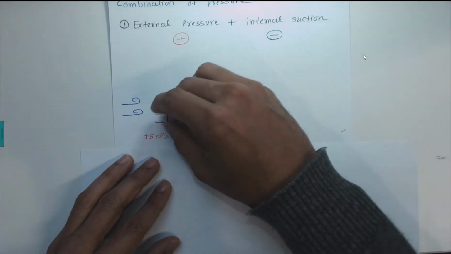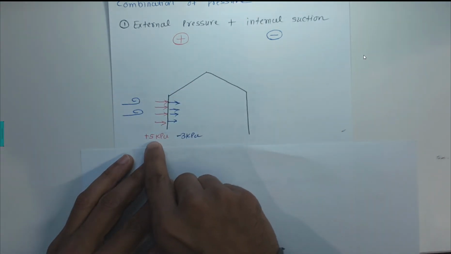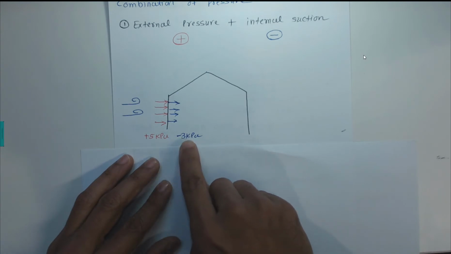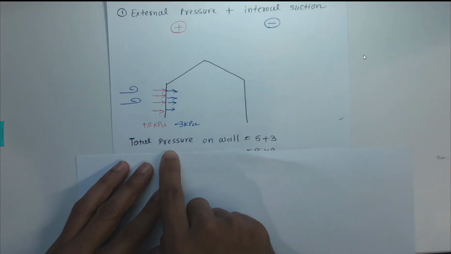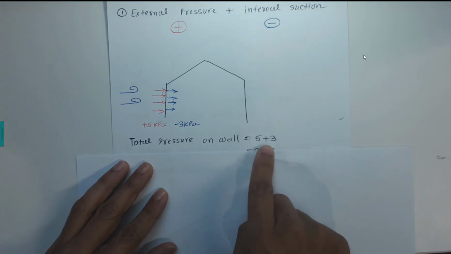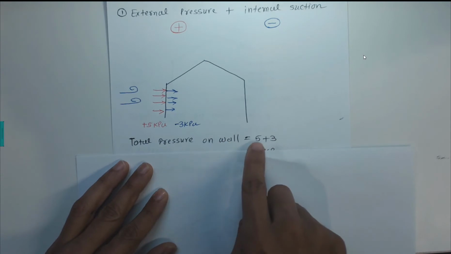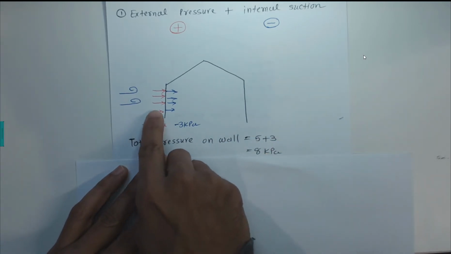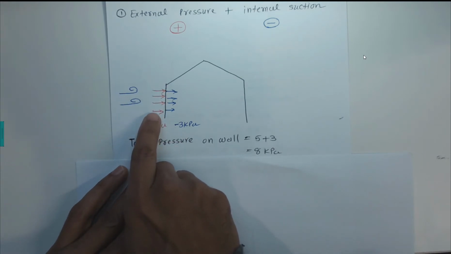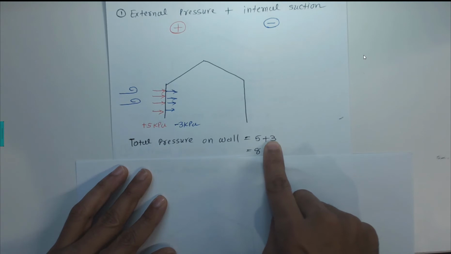Now if I want to find the combined pressure due to the external 5 kilopascals and internal suction 3 kilopascals, to find the total pressure on the wall, we ignore the sign and add 5 plus 3, which makes 8 kilopascals. The logic is that the arrow is pointing left to right, positive, and the other arrow is also pointing left to right, positive, so they are positive values.